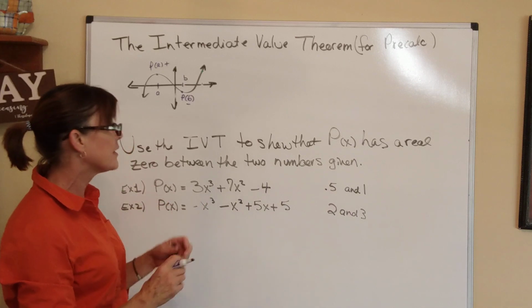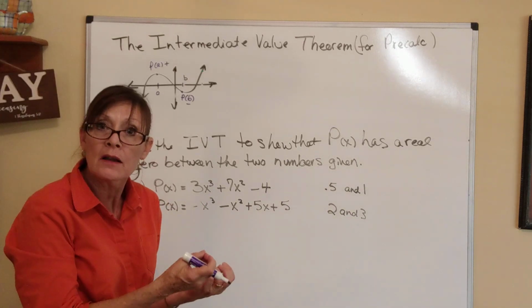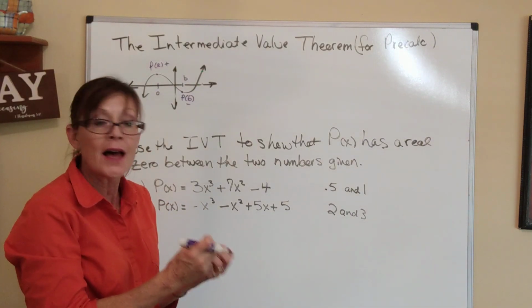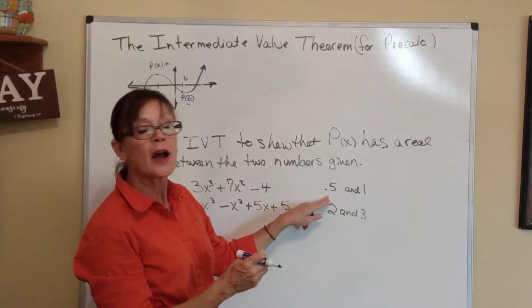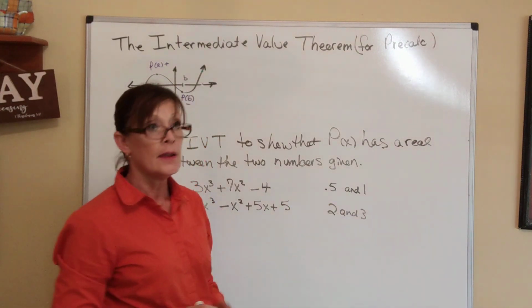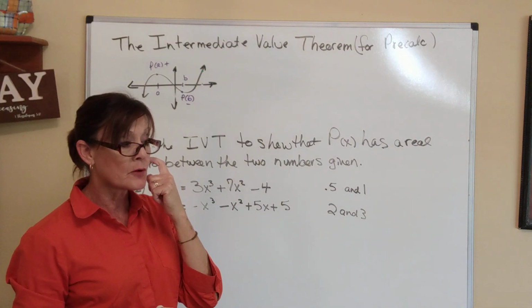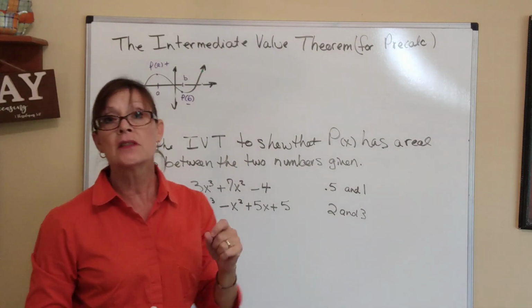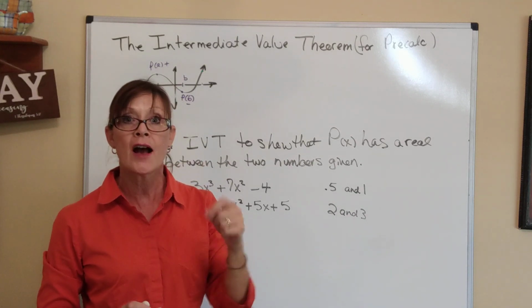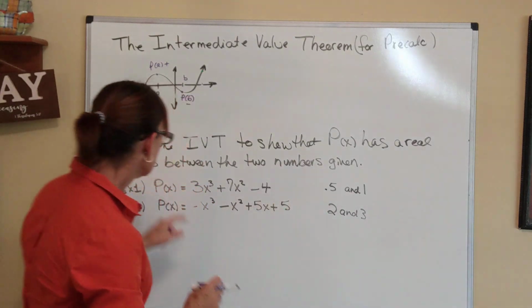We're going to show that there exists, we don't know exactly where, but we can show that there is one that lies between 0.5, which is 1/2, and 1. Now, we have learned the remainder theorem, so I'm just going to use synthetic division to figure out the value of p of 0.5 instead of plugging it in.